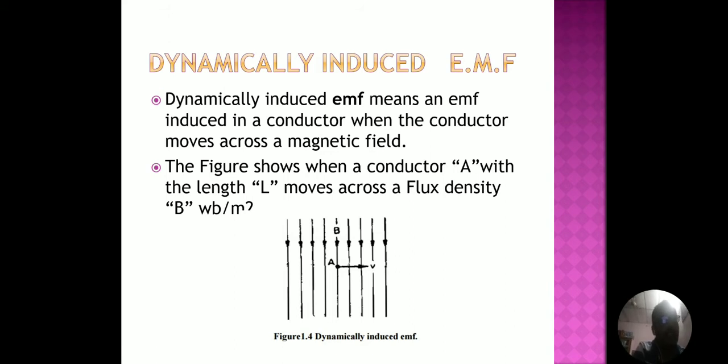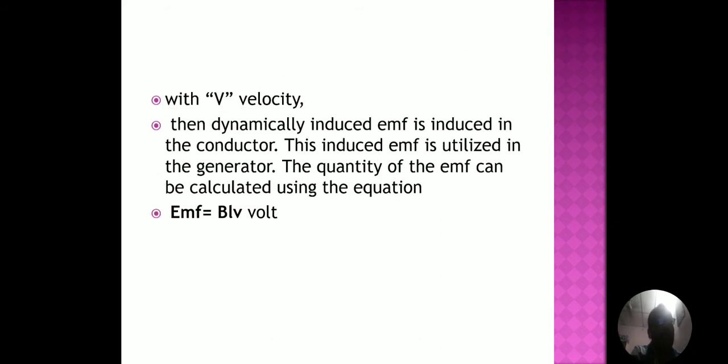You can see in the figure below, where A is the conductor with length L moves in a flux density of B Weber per meter square with a velocity of V. Then the dynamically induced EMF will be given as BLV volts.